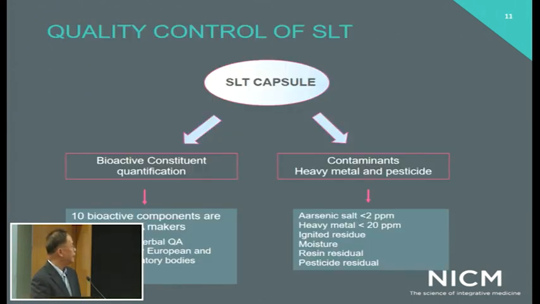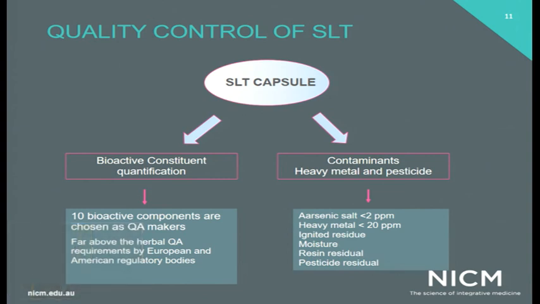So this shows the so-called quality control processes we have in place. As I said, we have identified 10 markers as the quality assurance markers. Basically 4 markers from ginseng, 4 markers from ginkgo, and 2 markers from saffron.